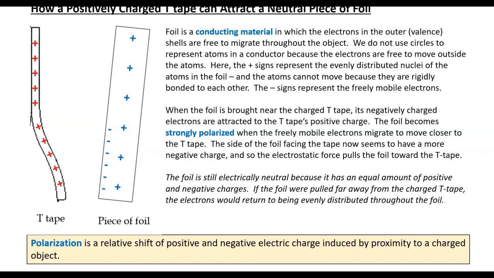But the free electrons are able to move, and their negative charge is very attracted to the positive charge of the T-tape. And so we see electrons gathering as close as they can get to the positively charged T-tape because opposite charges attract.